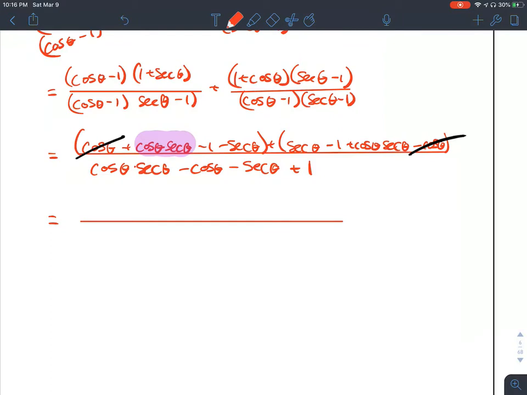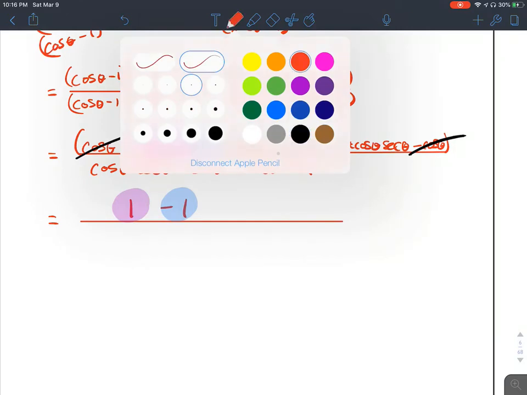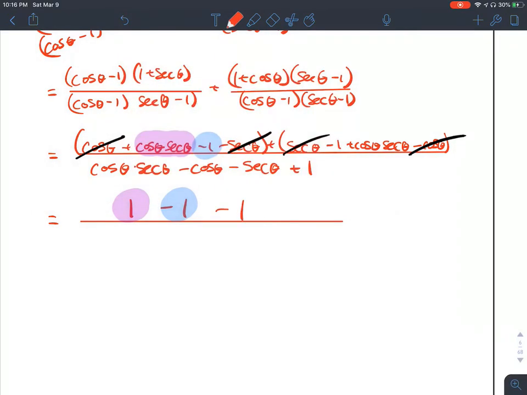Those are reciprocals. When you multiply reciprocals, you get 1. I'm going to highlight things as we go. Bring down this minus 1. This minus 1 was from this fella. Oh, well, check this out. We have a minus secant of theta and a plus secant of theta. Those cancel.